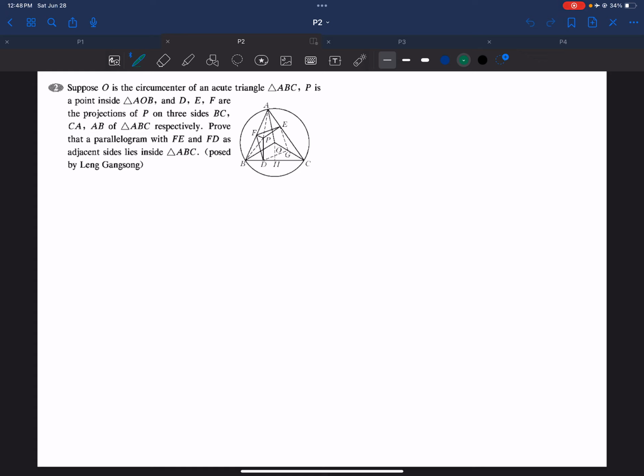It's a geometry problem. Okay, so there's an acute triangle ABC. Here it is. It has a circumcenter O. Okay, it's kind of a small picture. Let me draw a bigger one. Draw a triangle here.